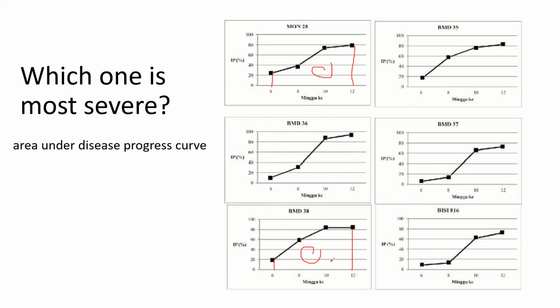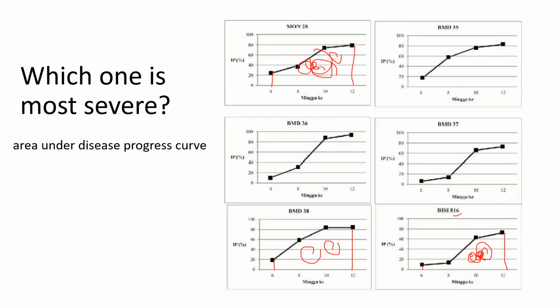It means that it's more severe than this one. And see this BC A6X16 here. The area under this progress curve is lower than here. So the severity is lower than in this graph.